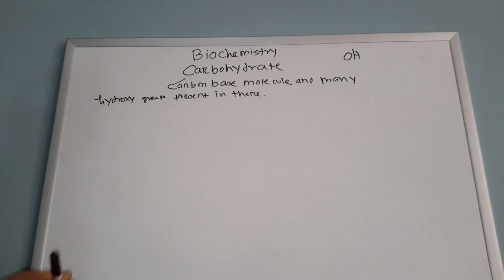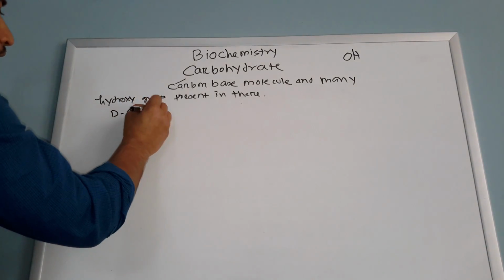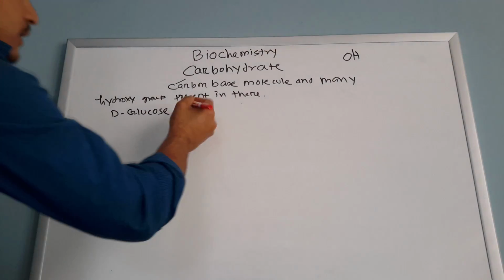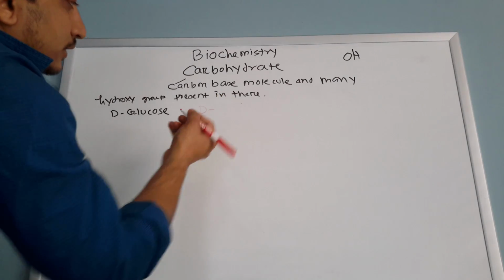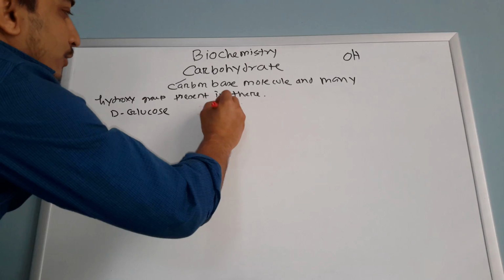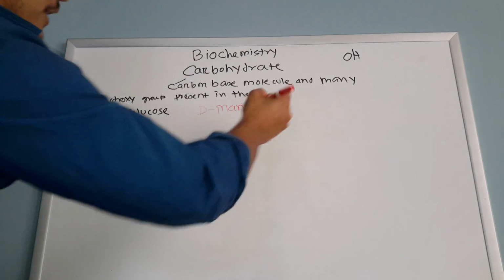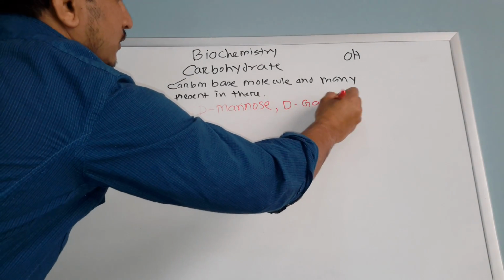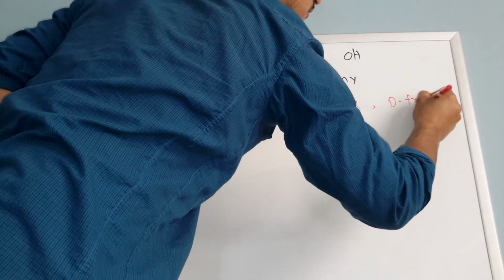For example, I have D-glucose and D-mannose, D-galactose and D-fructose.